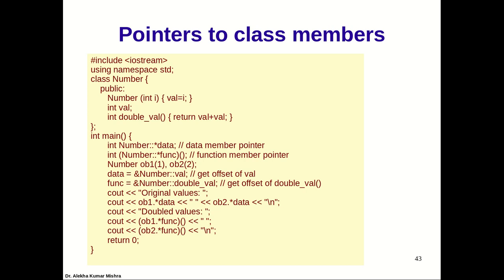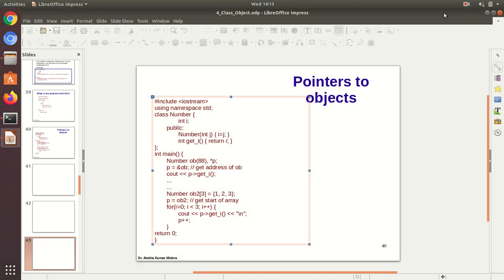Because they are pointing into a class, we need to take care of the scope very well. If you take care of the scope, then you understand the concept. So this is another use: declaring pointers that will point to the class members, maybe a data member or a member function.